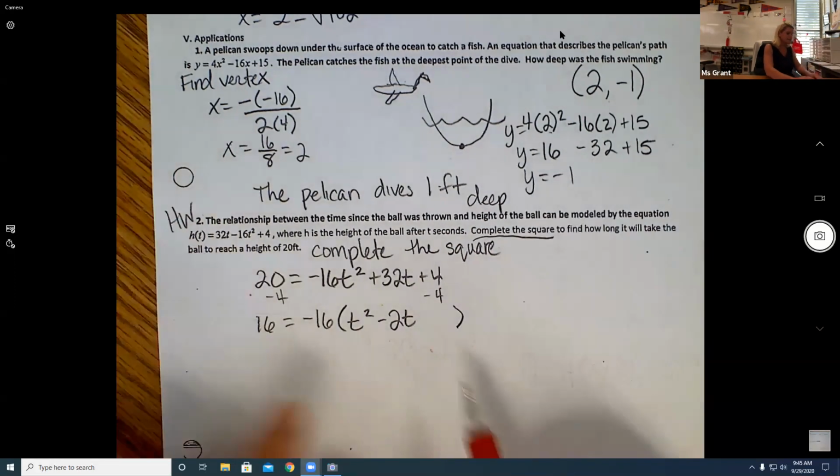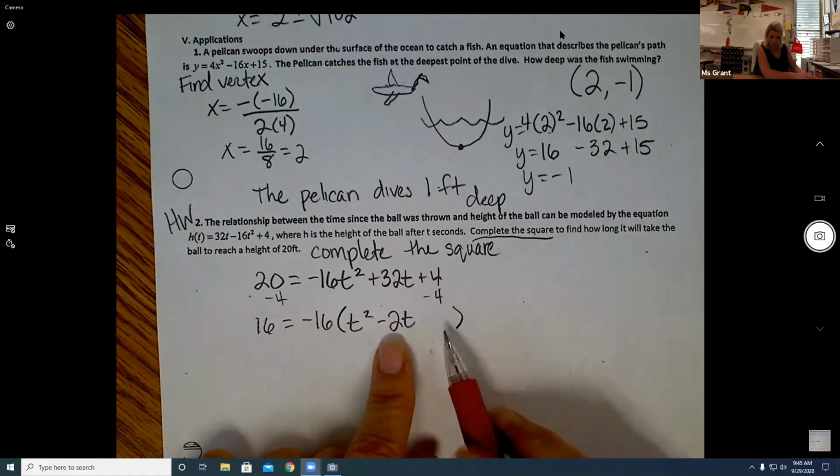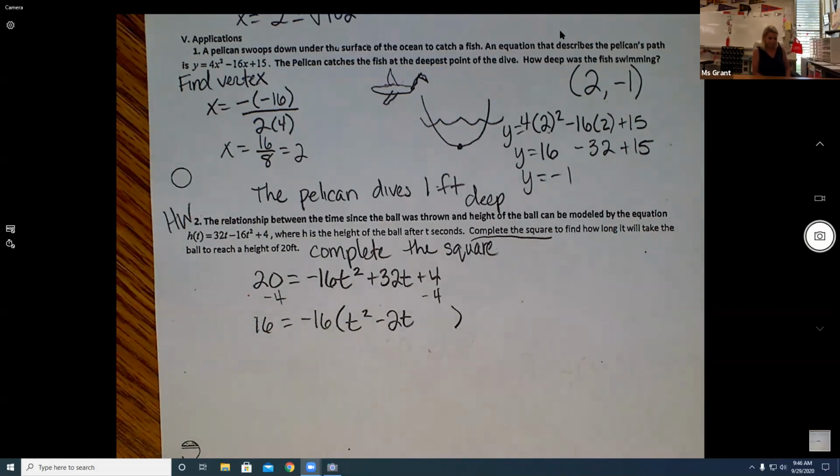Then this negative 2 is the number I'm going to cut in half and add to both sides. I think I just need to do it for you guys. Too many of you will get it wrong, and that's not worth it to me.